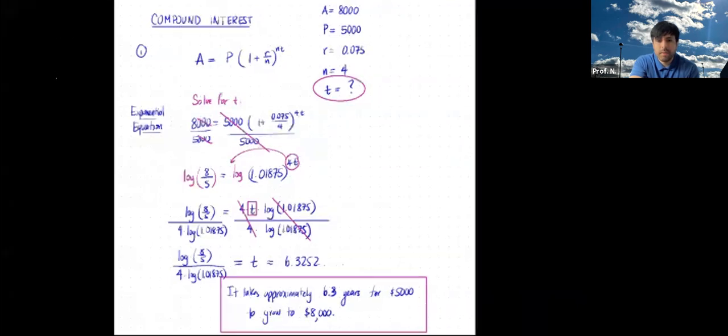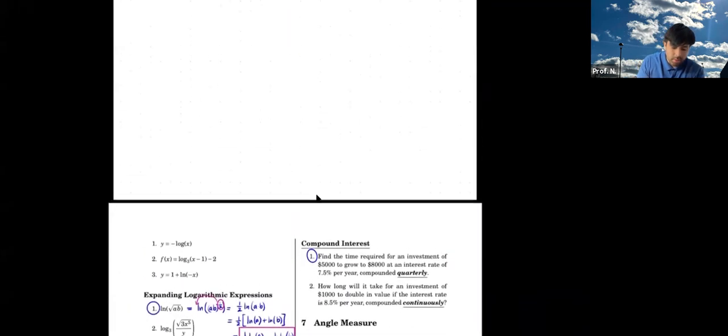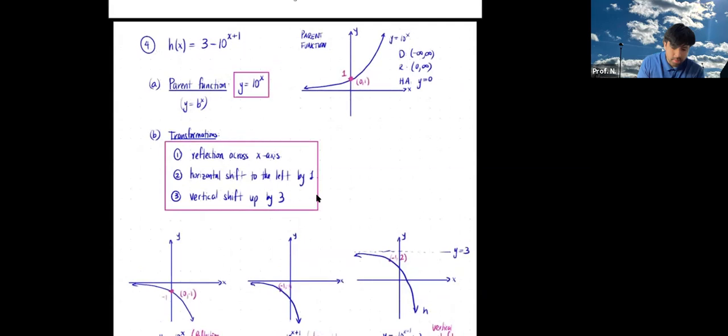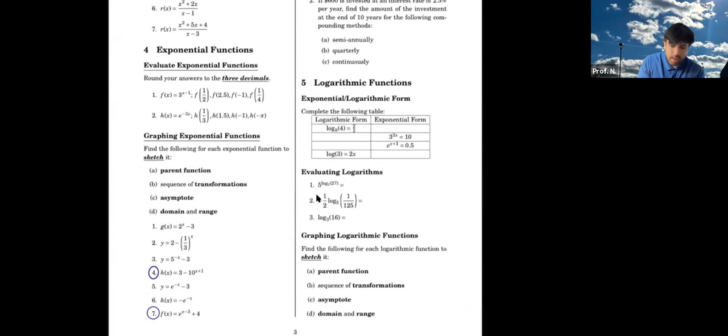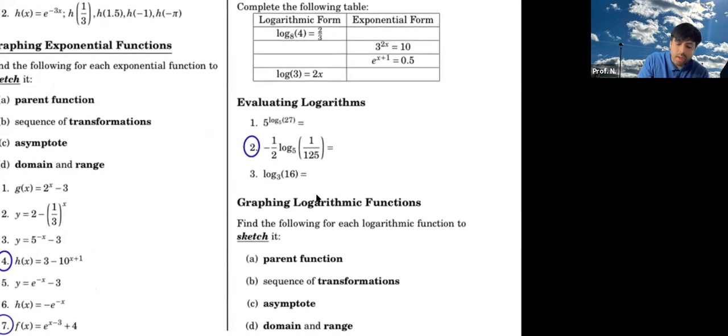Evaluating logarithms, number 2. There's a lot going on in here, right? First of all, you can rewrite the thing inside.